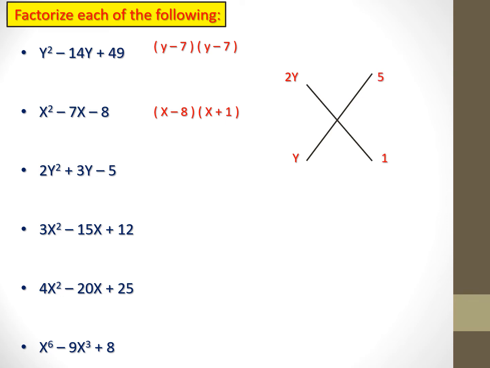The first line, 2y times 1 equals 2y, and the second line, 5 times y equals 5y. The last sign is negative, so we will subtract them. 5y minus 2y equals 3y, the middle term, so it is correct.